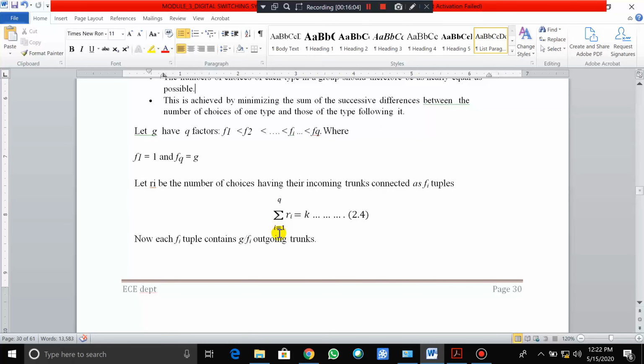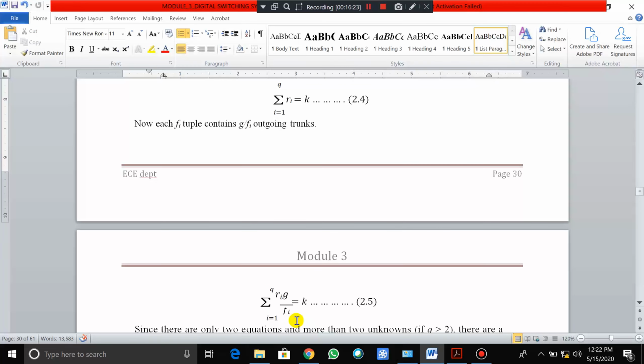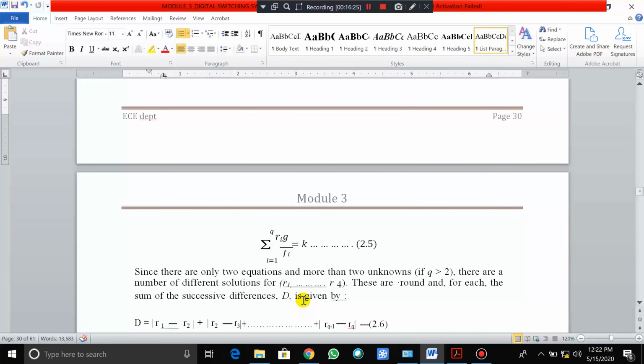Therefore, the summation of R(i), i varying from 1 to Q, is equal to K. Now, if an f(i) tuple contains G/f(i) outgoing trunks, then the summation of R(i) × G/f(i), i varying from 1 to Q, is equal to N.